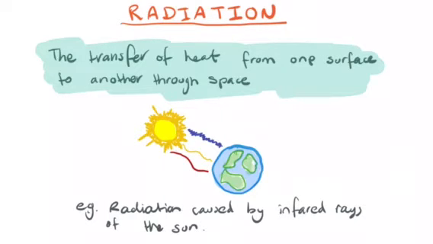For example, the sun transferring heat to the earth, or back the other way, the earth transferring heat into space. When we look at how heat actually affects us from radiation, the radiation caused by infrared rays from the sun can cause our body to overheat.